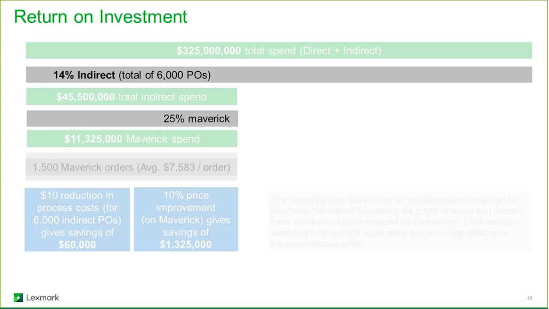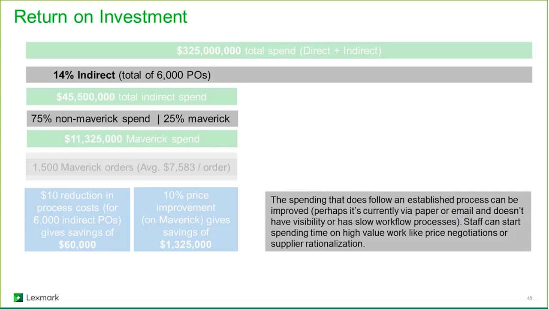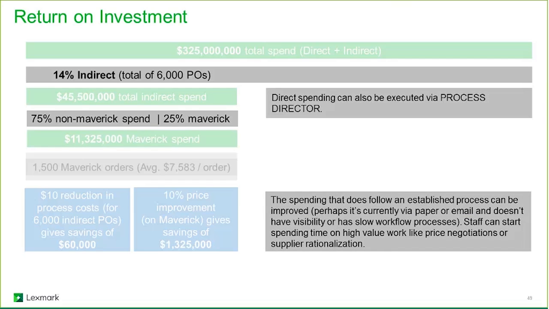So you'll notice that there's a lot of opportunity that we can gain by following an established process that can be improved. Perhaps the stuff is coming in through paper or an email, doesn't have visibility. Staff can start spending time on high-value work items like price negotiations or supplier rationalization, and don't have to focus on this kind of process that we can automate.